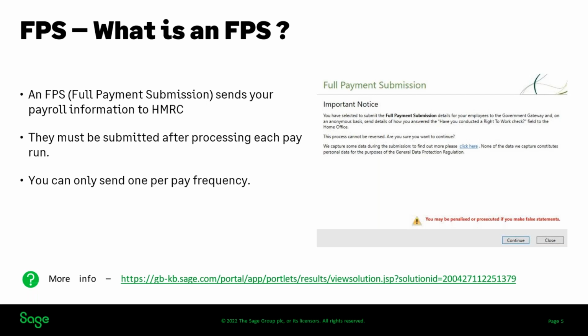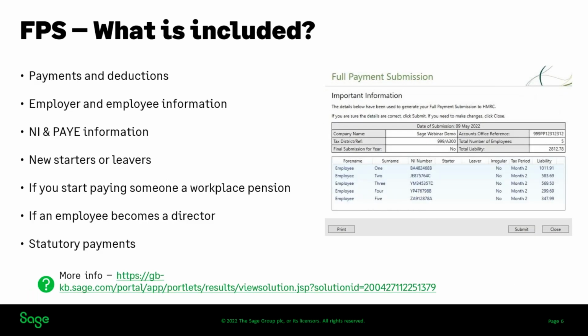So if you do have multiple frequencies, you may be sending multiple ones, but it is one per pay frequency. So it's one for monthly, one for weekly, etc. Now with the FPSs as well, they must be sent on or before your pay date. So do keep that in mind as well.